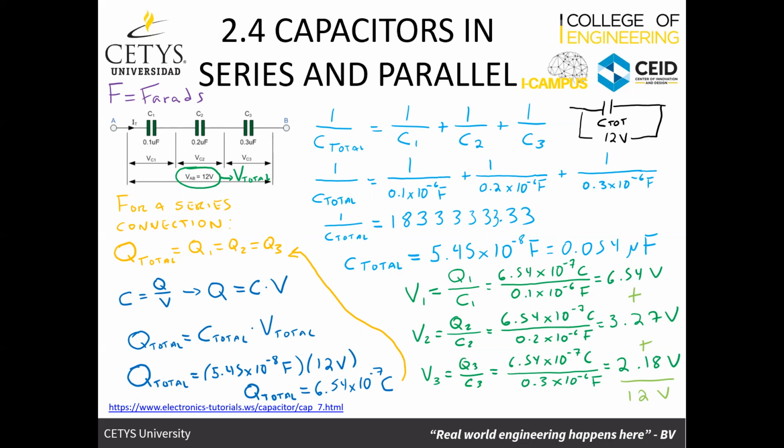That means 1 divided by the total capacitance is the sum of 1 divided by each of the capacitors. And therefore we can find the total capacitance for those three capacitors.